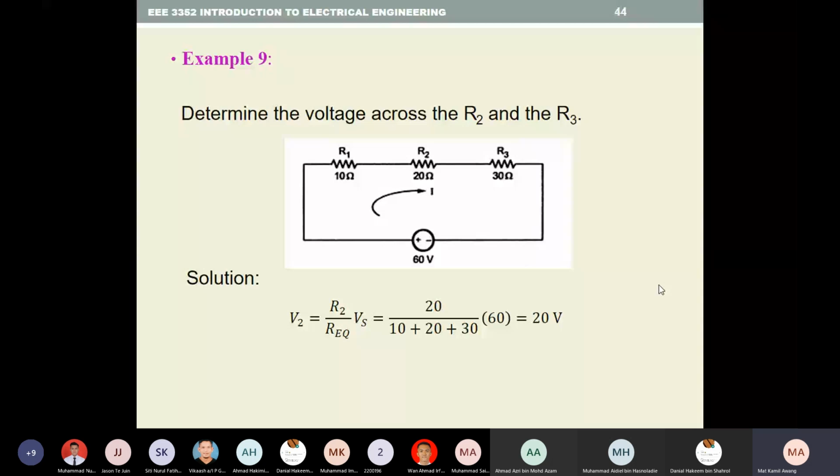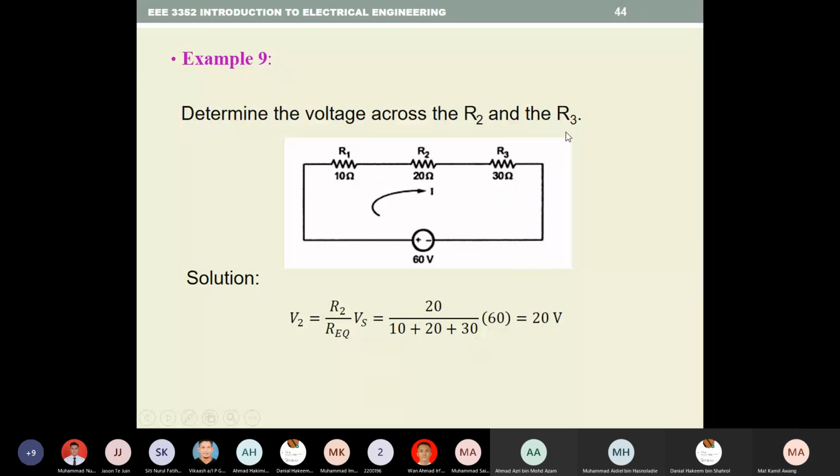Okay, that is the solution for V2. Basically R equivalent is the total R1 plus R2 plus R3 because this is in series, and the value of R2 is 20 ohm. So R2 divided by R equivalent times Vs, Vs is 60, get 20 volts.